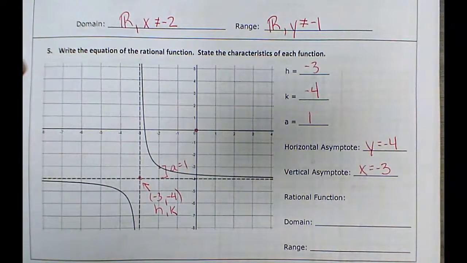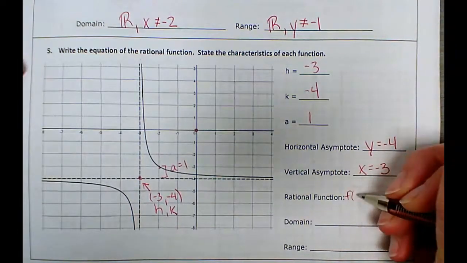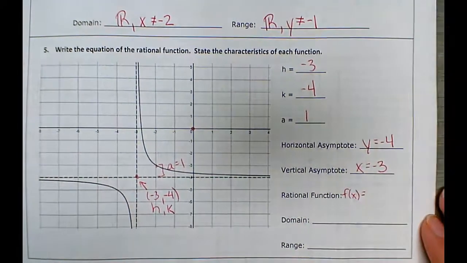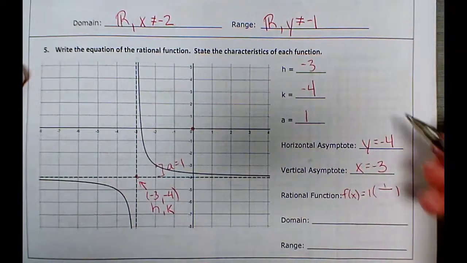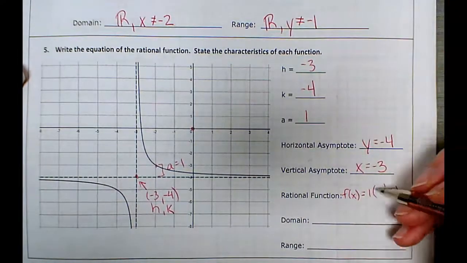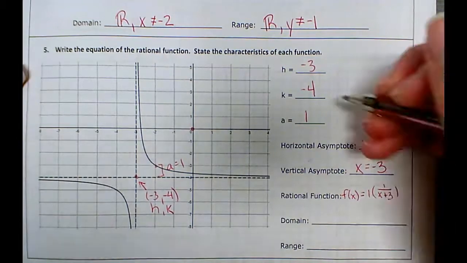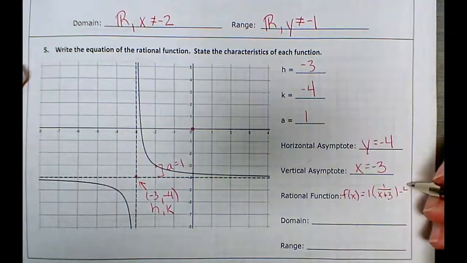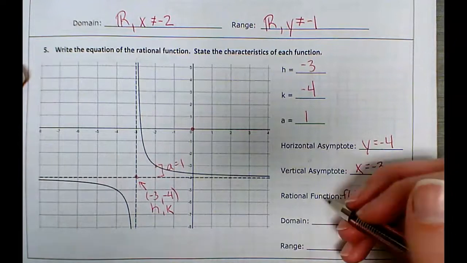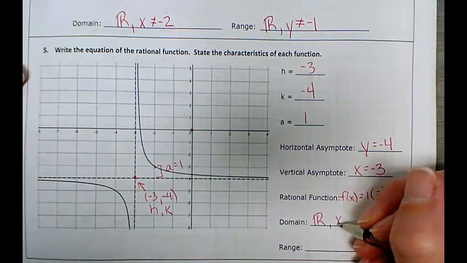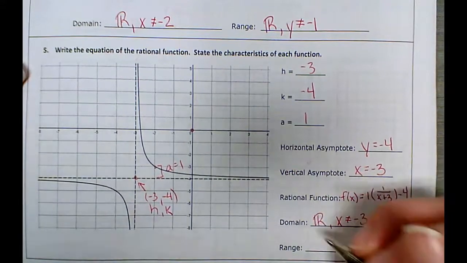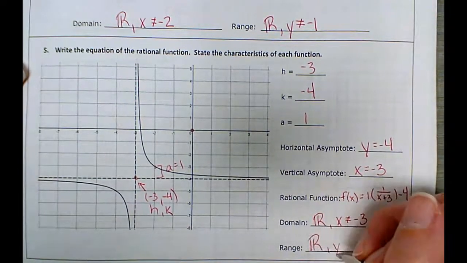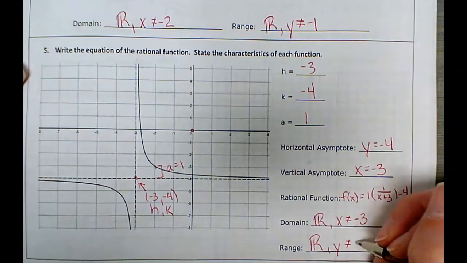The rational function, if I put all the pieces in the right place, is f(x) equals a times 1 over x minus h, so x minus -3 is x plus 3, and then plus k, so minus 4. The domain is all real numbers, except you take out the x value for the asymptote. And the range is all real numbers, except you take out the y value for the asymptote.